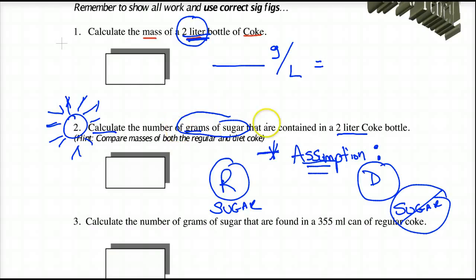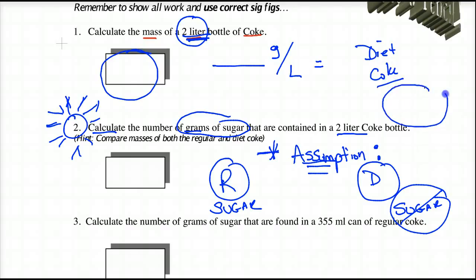So how do you get grams of sugar in a 2-liter Coke bottle? You're going to do the same thing here. Whatever mass you got for the Coke, you're going to find for Diet Coke. So you're going to have to find the mass for 2 liters of Diet Coke. And once you have that, this is the mass of 2 liters for Diet Coke, and this would be the mass of 2 liters for Coke.